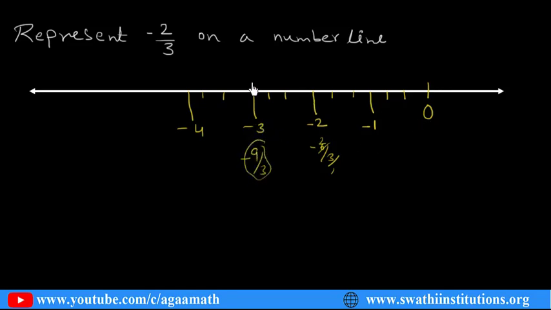So here we want minus 2 by 3. Let's highlight it. This is minus 2 by 3, right? So this is a way of representing on a number line.